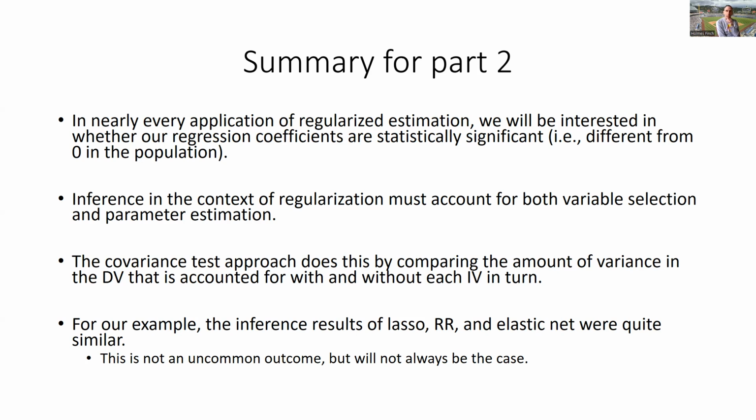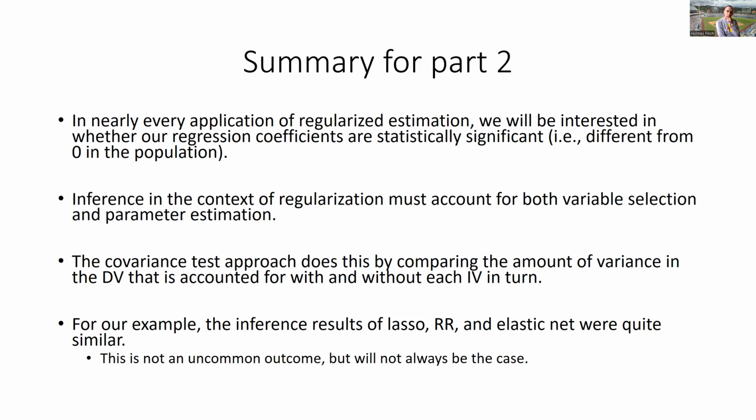inference issue. We learned that inference is a problem when it comes to regularized estimators, because in order to be correct, it has to account not just for the magnitude of the coefficients, but for the whole variable selection process.